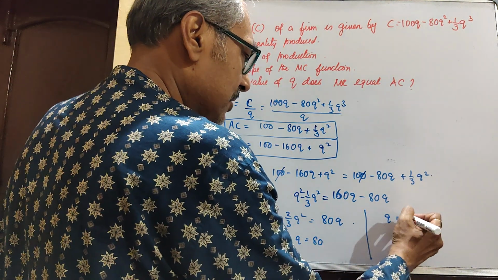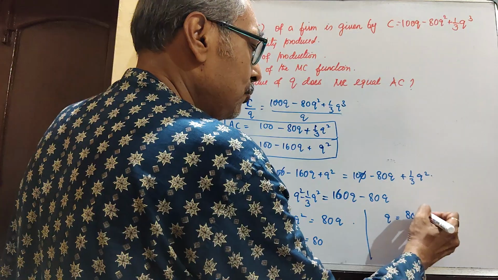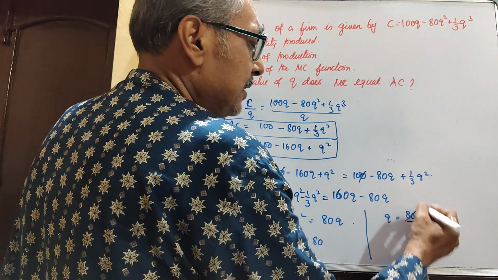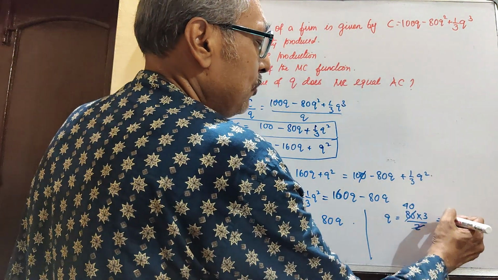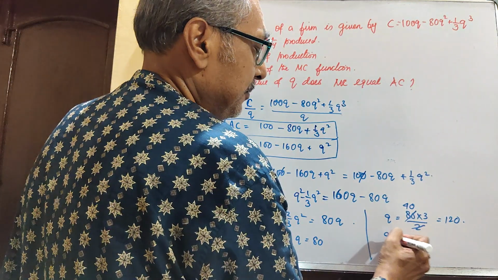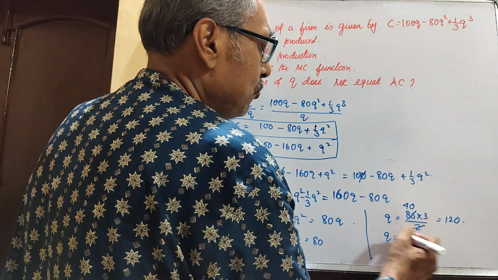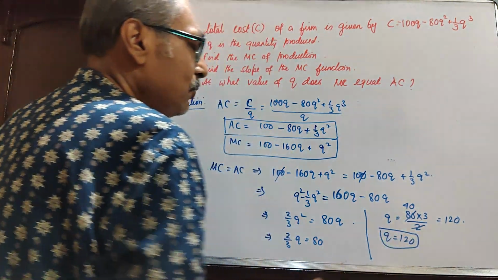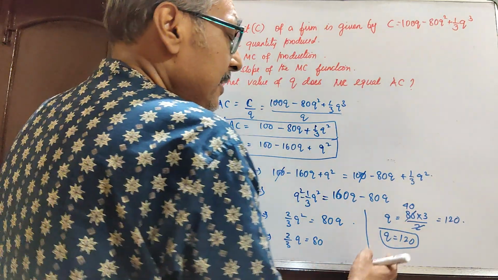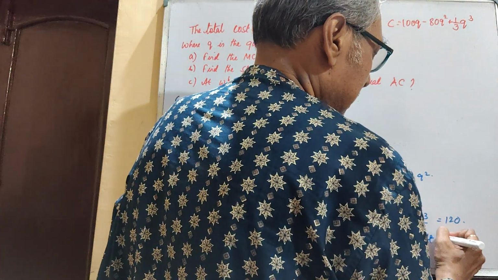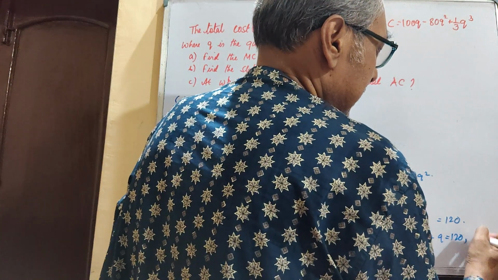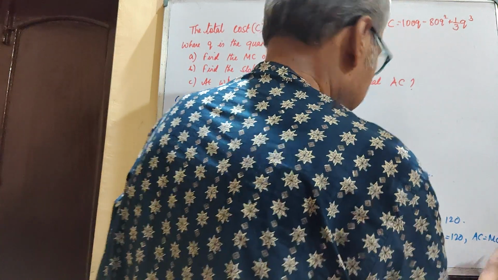Now Q equals 80 into 3/2. This is 40, then Q equals 120. At Q equals 120, AC equals MC.